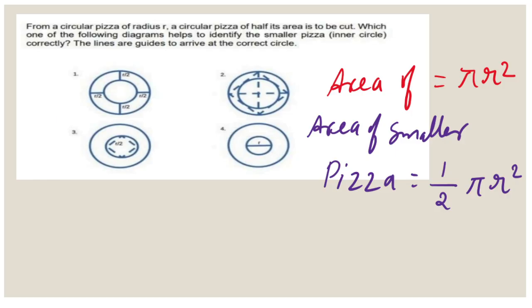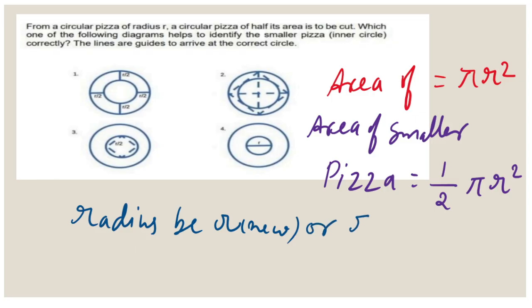Now let's suppose the radius of the new pizza will be r new, correct? Or we can represent it by Rn. So if we substitute value here, so what it will be? It will be pi Rn square is equal to 1 by 2 pi r square, correct?